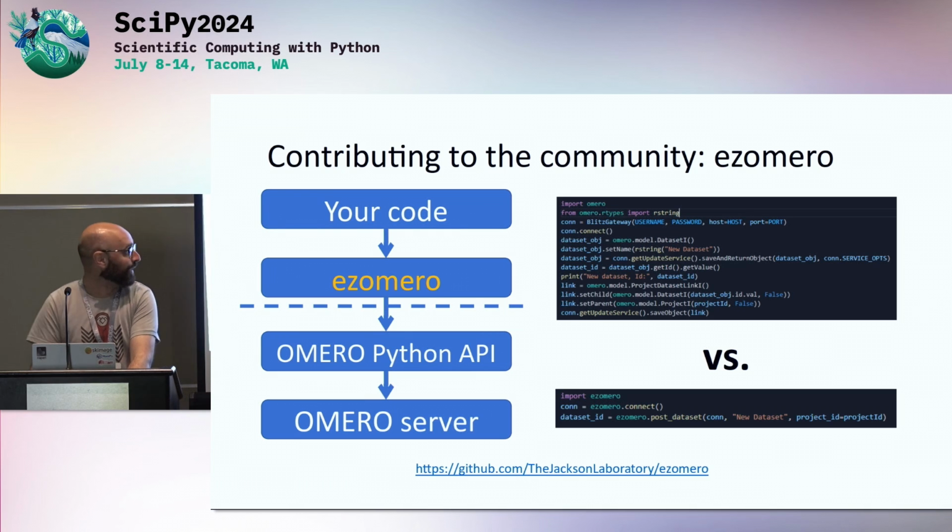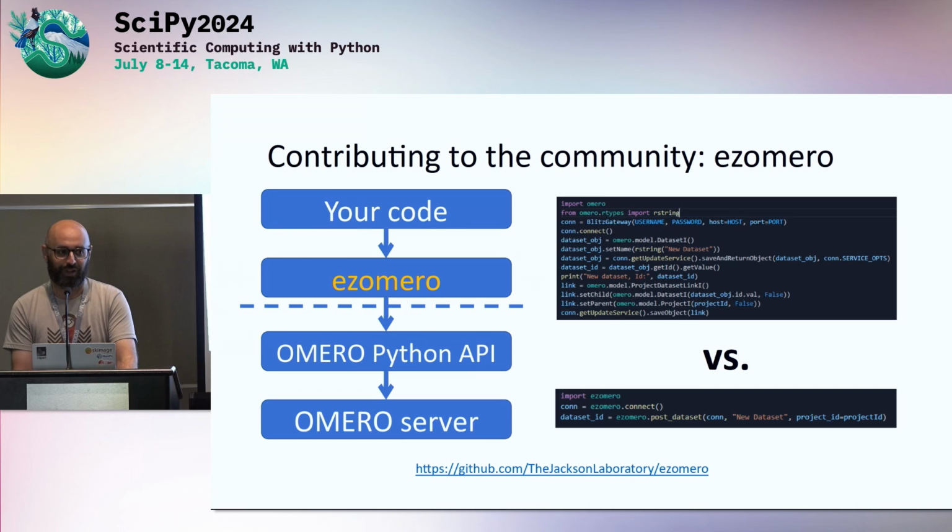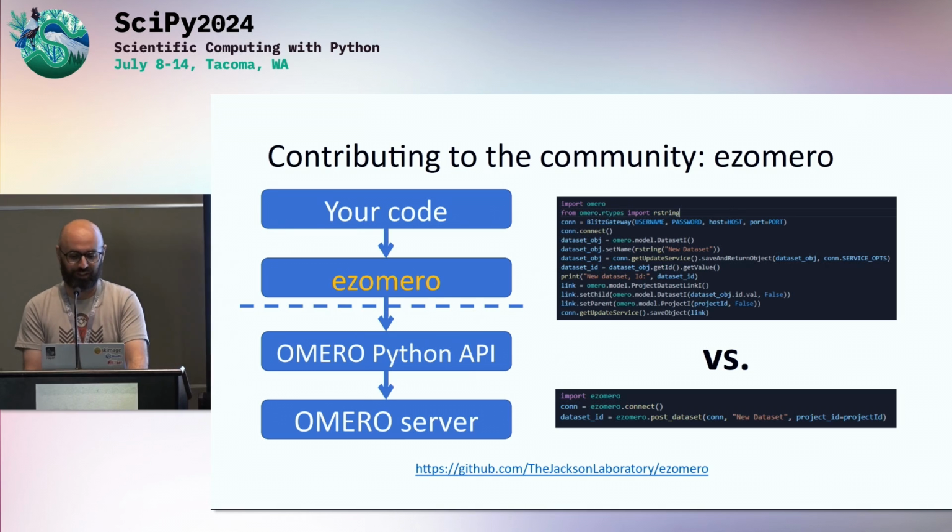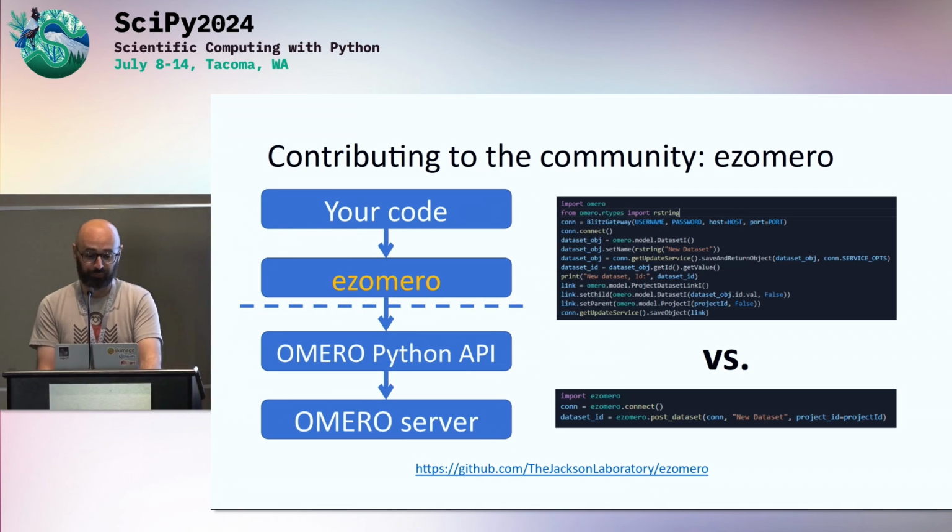You're not going to be able to see the specifics of the code, of course, but the top part is the Python API as it exists, and the bottom one is ezomero. Instead of, I don't know, 15 lines, it's like 3 lines. It's mostly just taking nuance away, right? Instead of having all these edge cases that the Python API needs to account for, we just figured most people want to do this, so we have a function that does this.